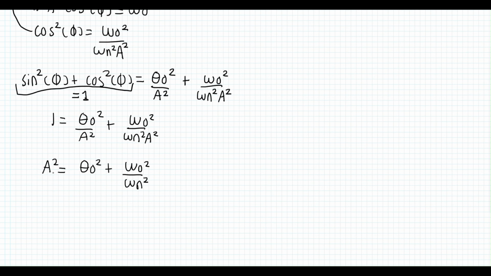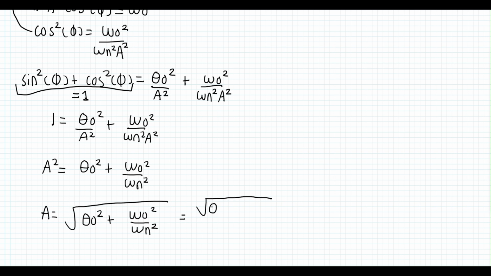Now, that means that we can take the square root of both sides and we get A is equal to the square root of theta naught squared plus omega naught squared over omega n squared, which is the same thing as saying theta naught squared omega n squared plus omega naught squared, all under a square root, divided by omega n.